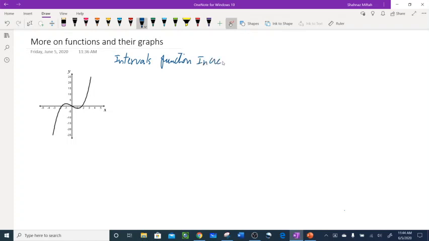Now, how do you figure out increase and decrease on this? There is an easy way to do this.